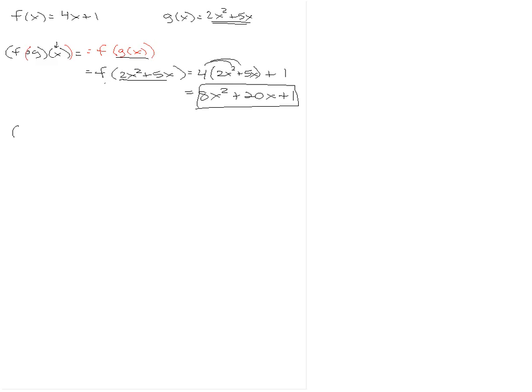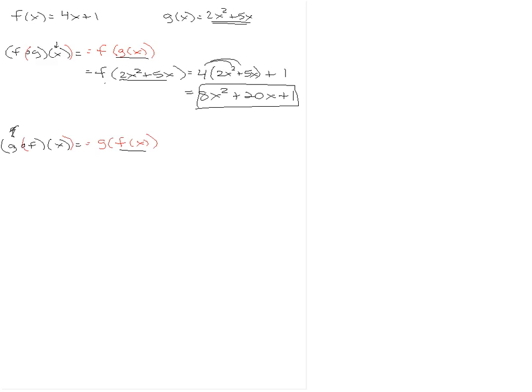Okay, what if I asked for g of f of x? Okay, what does that mean? Put parentheses around it. It means g of f of x. Okay, do we know what f of x is? We sure do. It's 4x plus 1.